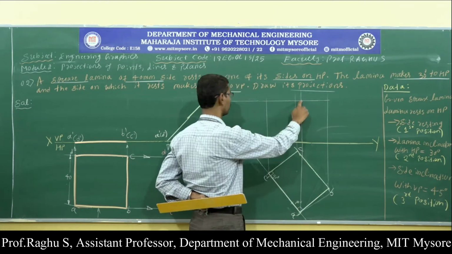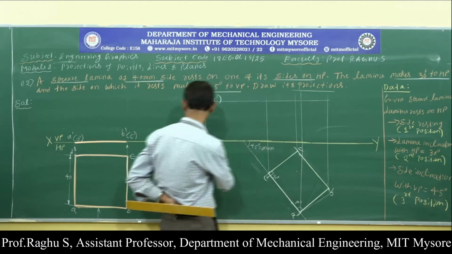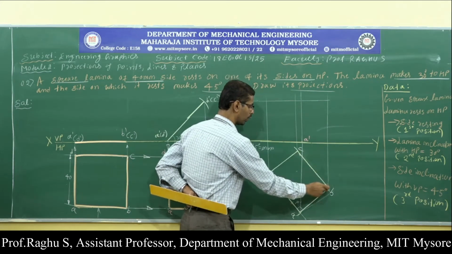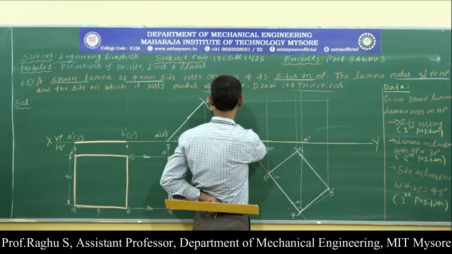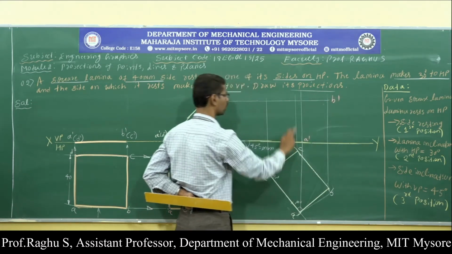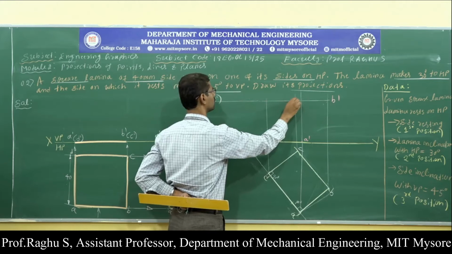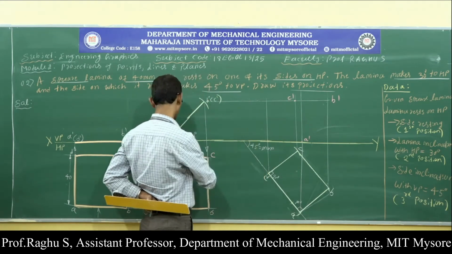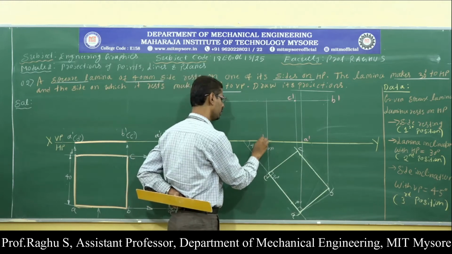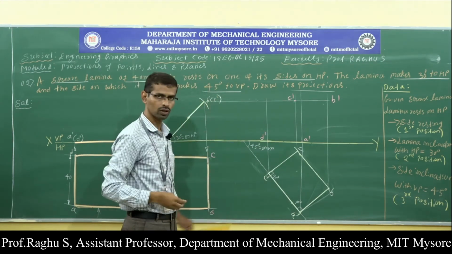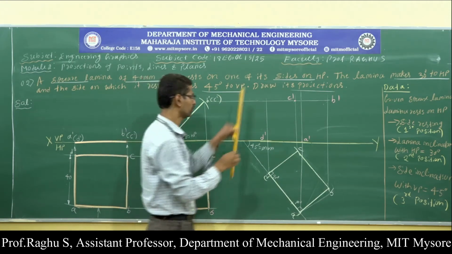This is the vertical projection from point A, and this is the horizontal projection from point A. Therefore, this is A dash. Vertical projection from point B, horizontal projection from point B, B dash. Vertical projection from point C, horizontal projection from point C, C dash. Vertical projection from point D, horizontal projection from point D, D dash. Now connect all four corners to get the final front view.